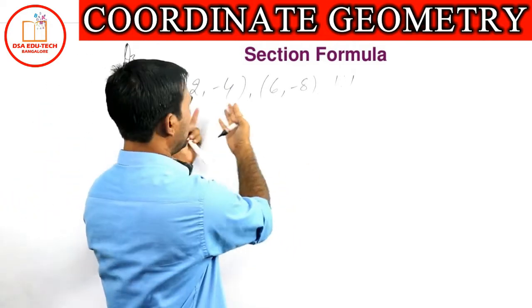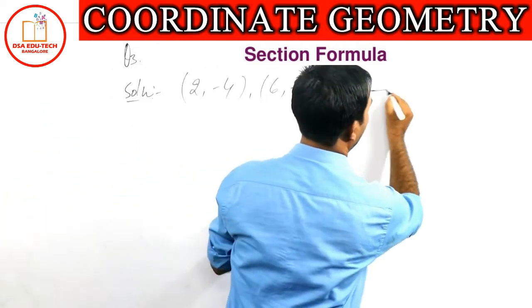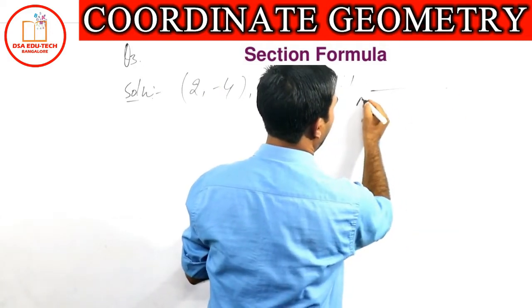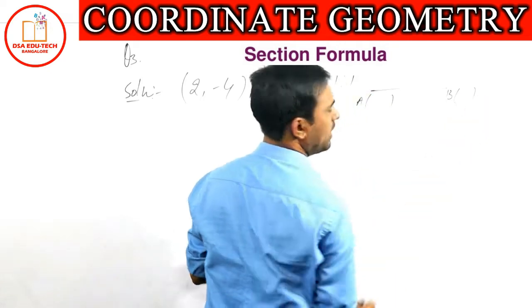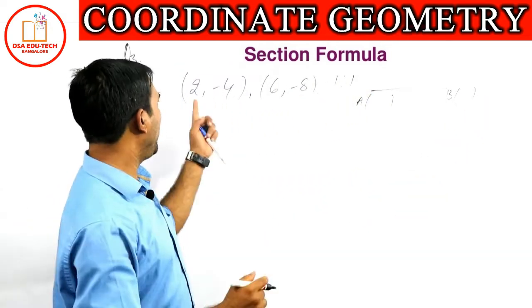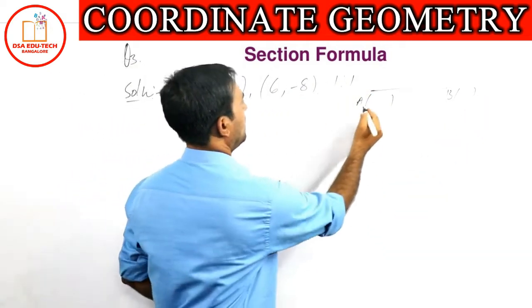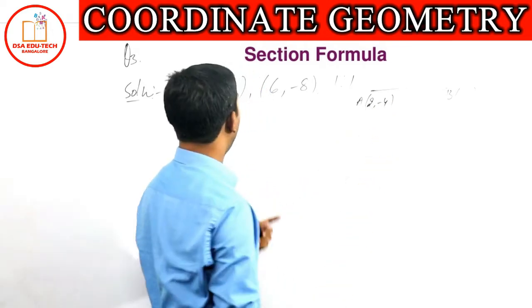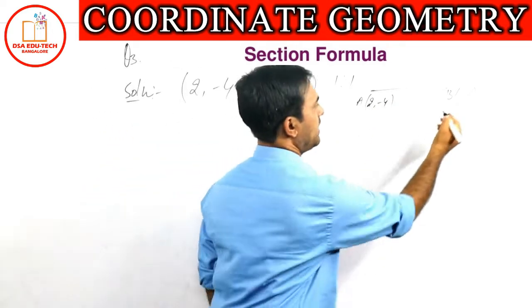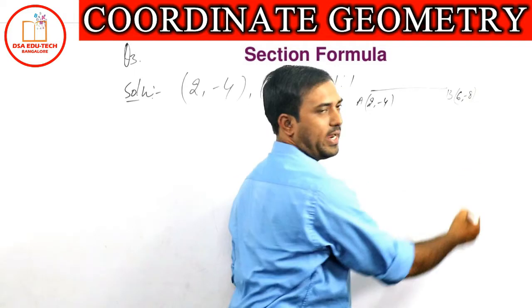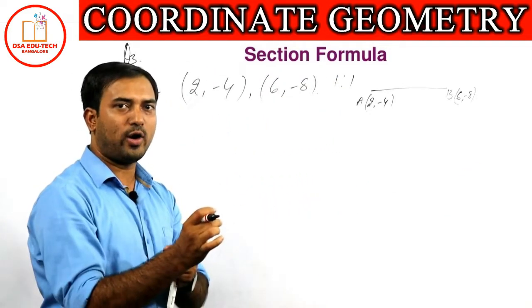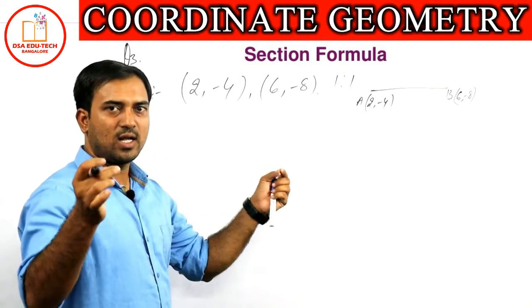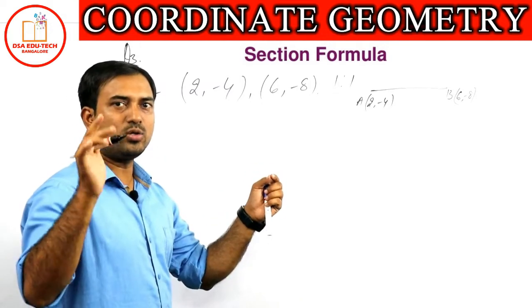If I draw the same what I said in sentence, there are two points, point number A, point number B. Point A is 2, minus 4, point B is 6, minus 8. Then I said there is a coordinate of point which is dividing this line into two equal halves.